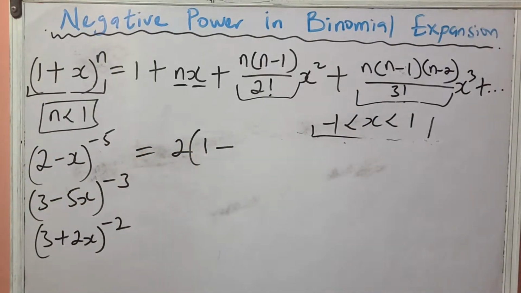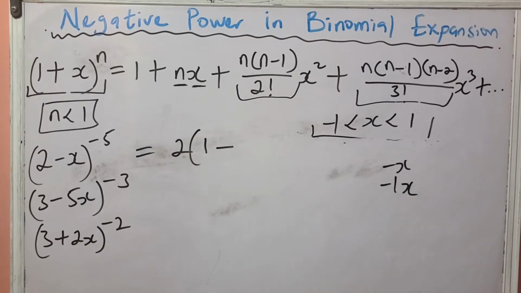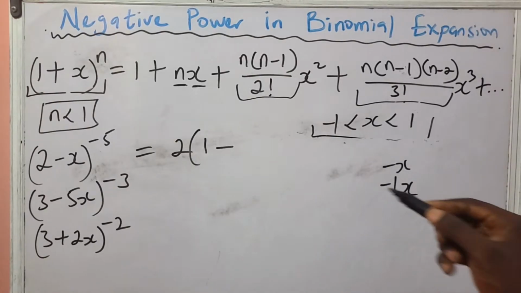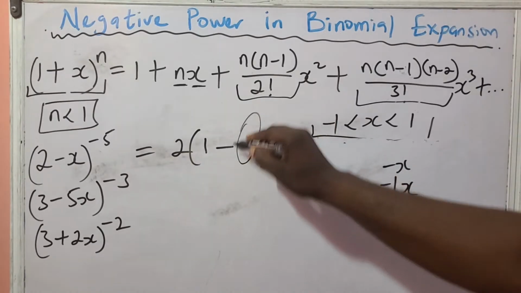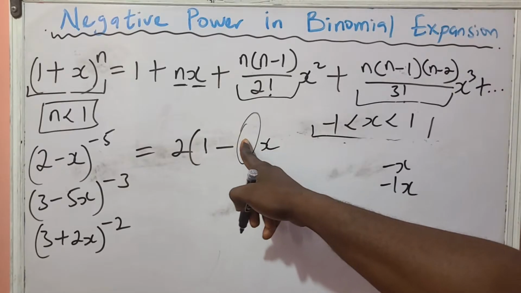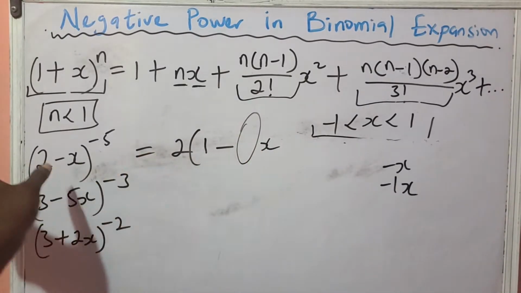This second part now, what do you do? I have, of course, in the first question, I have minus x, which is the same thing as minus 1x. If I bring out 2, what can I put here that would make, of course, something x that would make my expression the same thing?